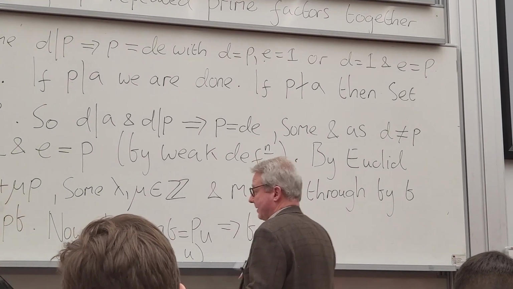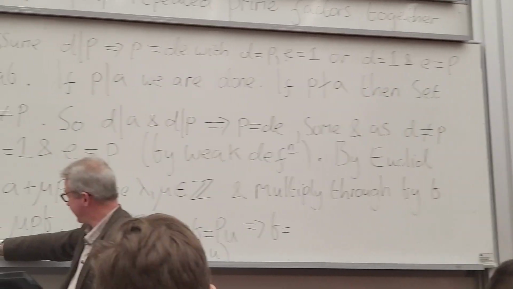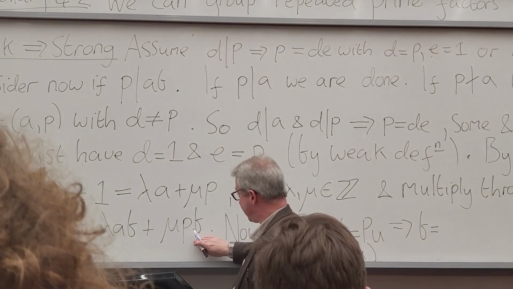So if I replace AB with PU, I get lambda PU plus mu PB.